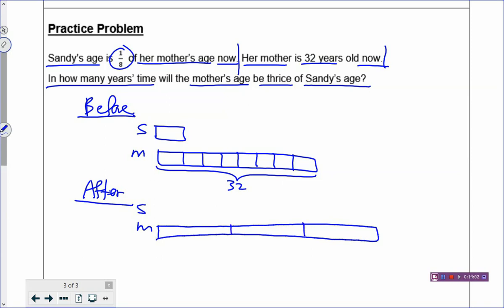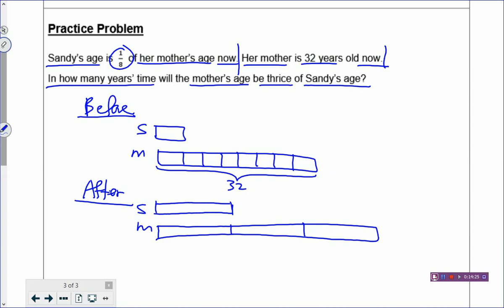Alright, 3 boxes. That's 3 times. And Sandy will have 1 time, which is 1 box. Okay, that's how you draw 3 times as many as Sandy. So the mother's age is 3 times as many as Sandy. Okay, so in how many years time? Can we put the question mark in the model?